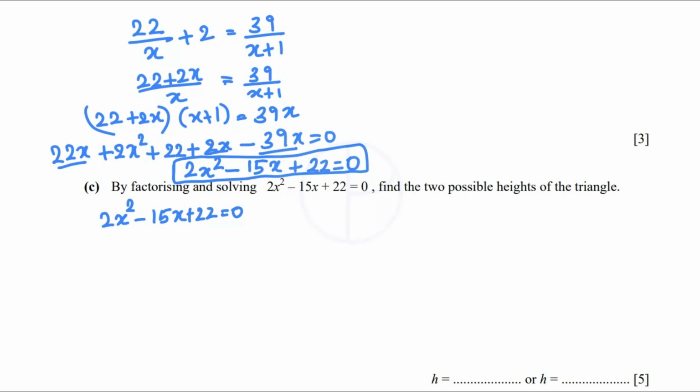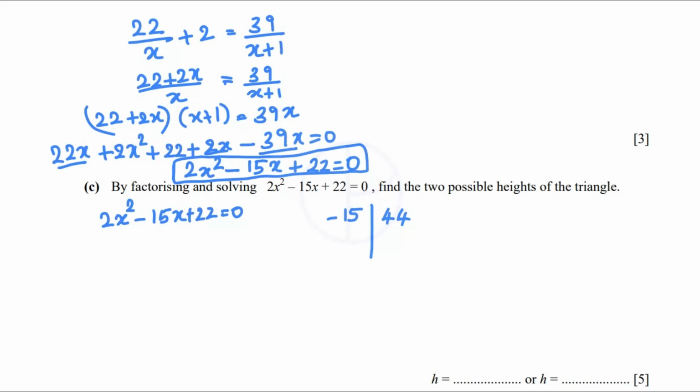So AC will be 2 times 22, which is 44, and B is minus 15. When you multiply the two numbers, you have to get 44, and when you add those two numbers, you need to get negative 15.